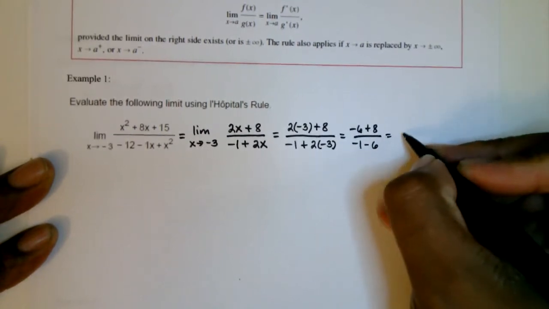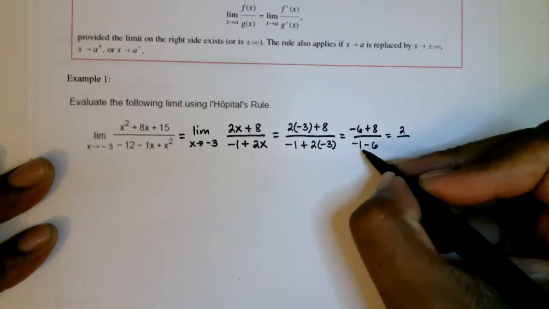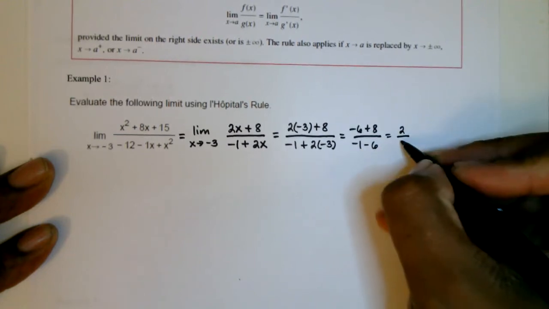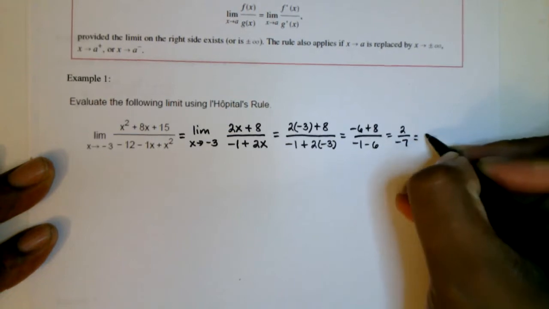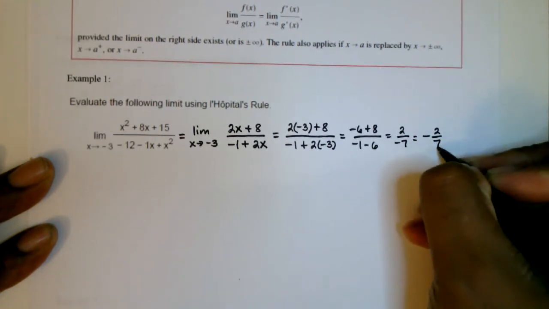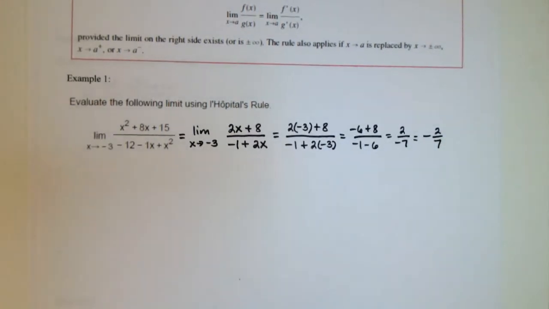Negative 6 plus 8 will be 2. Negative 1 minus 6 will be negative 7. So this will end up being negative 2/7. So here the limit as x approaches negative 3 of x squared plus 8x plus 15 divided by negative 12 minus 1x plus x squared using L'Hopital's rule would end up being negative 2/7.